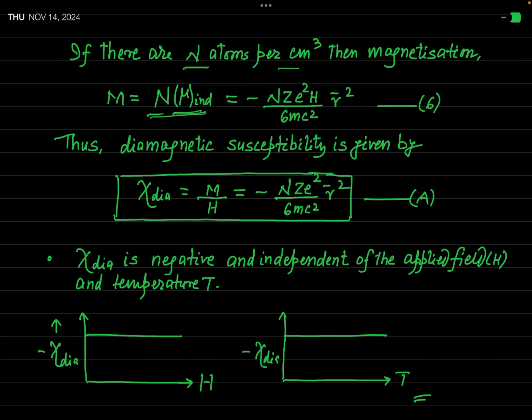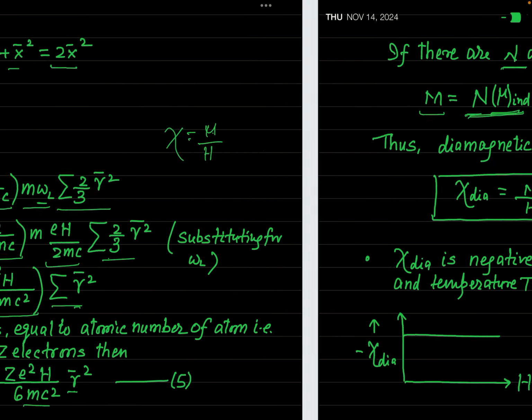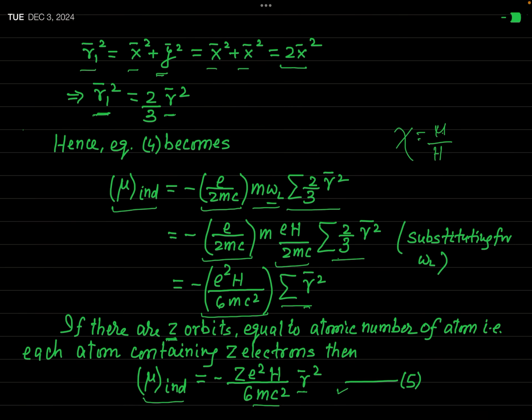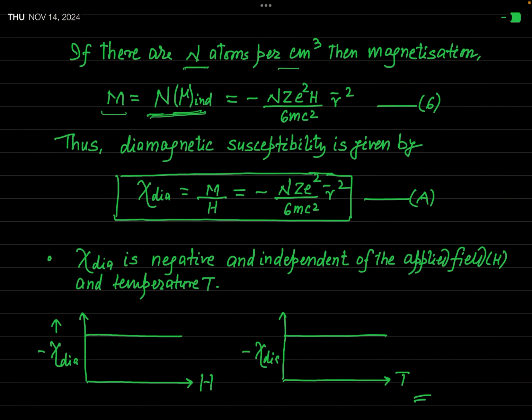I have discussed this term in my first lecture. So M, which is called magnetization, will be given by n times mu induced. And now let us substitute the value of mu induced from equation 5, and so M will be equal to n times Z times e square H over 6 mc square times this r square bar.